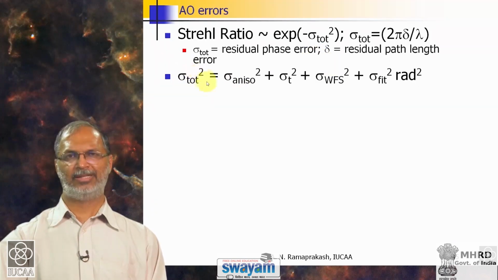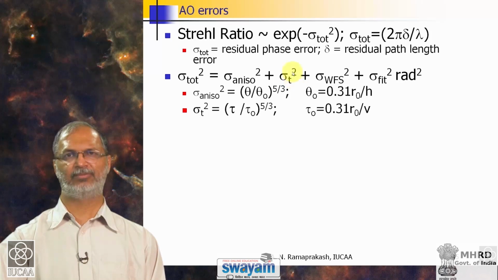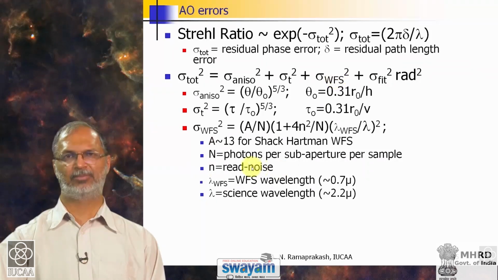So, in reality, the net error which you are measuring, and which actually leads to the final Strehl ratio you can achieve, is the result of a large number of contributors. For example, how far your laser guide star is from your science target, how quickly you are measuring and compensating for the atmospheric distortion, what is the error introduced by the wavefront sensor because it is collecting only a finite number of photons, and the wavefront sensor measuring system has its own read noise and other noise sources.